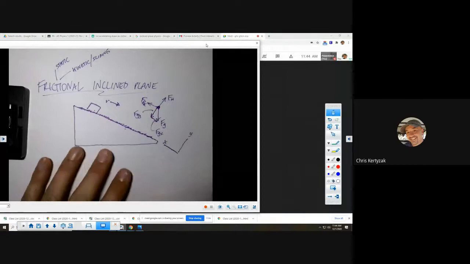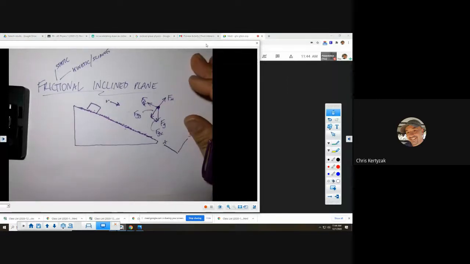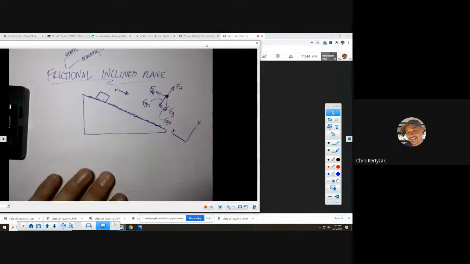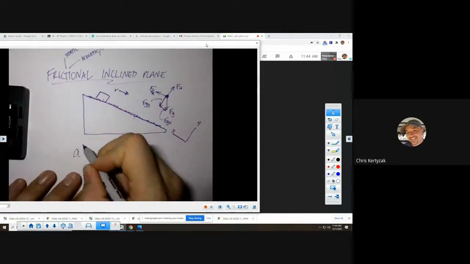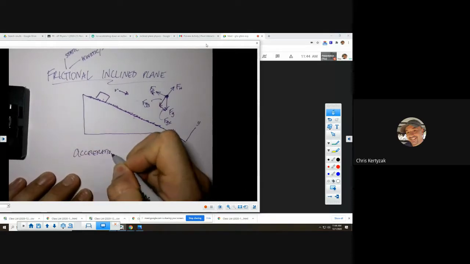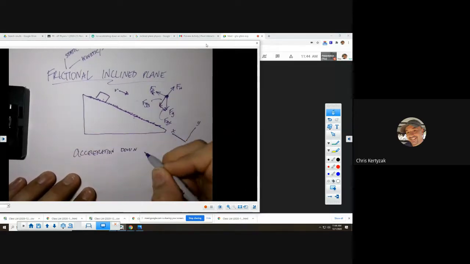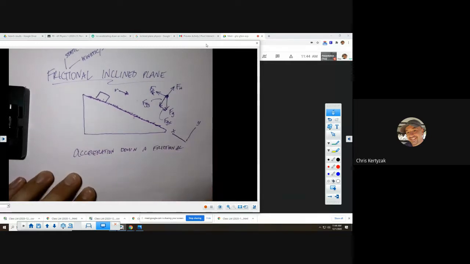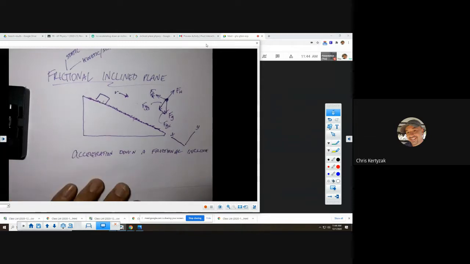But let's refer back to our free body diagram, because we're usually interested in what the acceleration is down a frictional incline. At what rate does it accelerate as it goes down the incline?